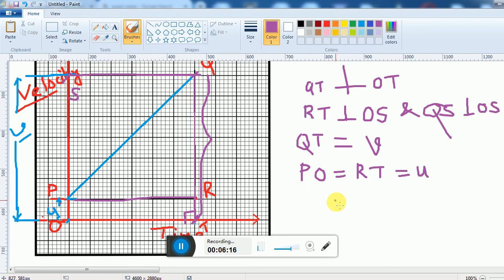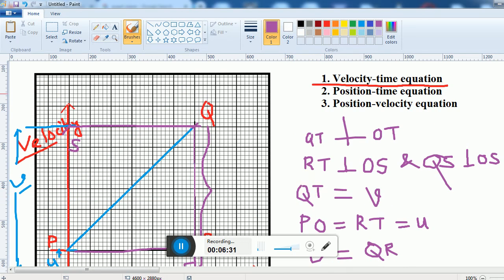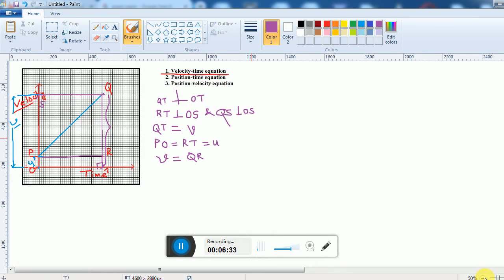So for v you can write: v is equal to QR plus u.